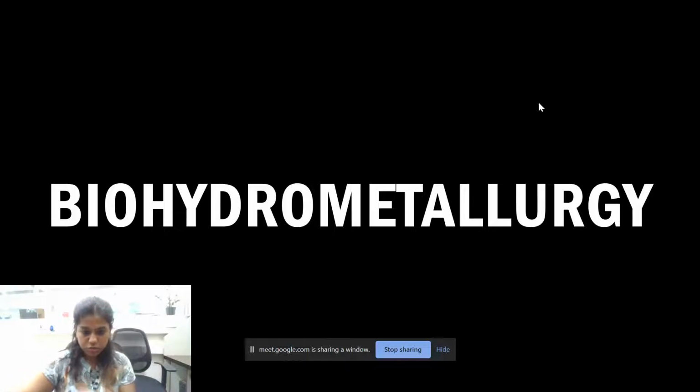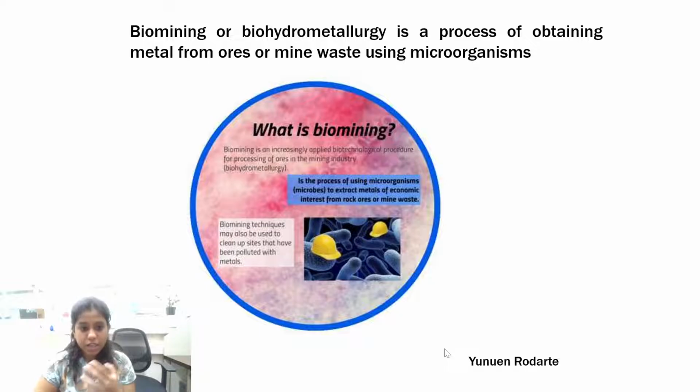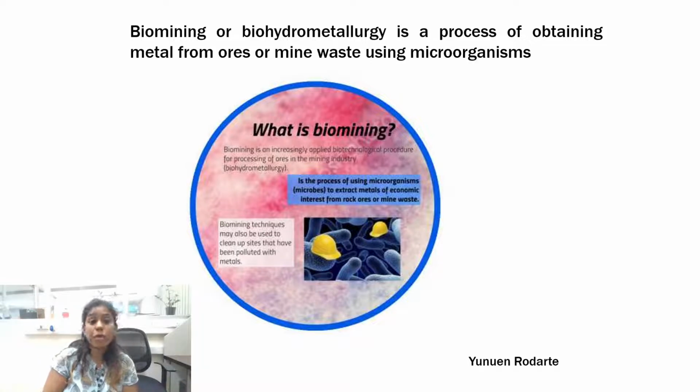Yesterday's session was more about biomining or biohydrometallurgy, and also about some of the phosphorus and nitrate containing compounds and how to use microorganisms to remove them from wastewater and so on.